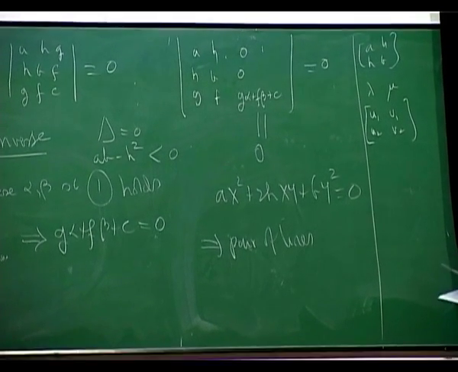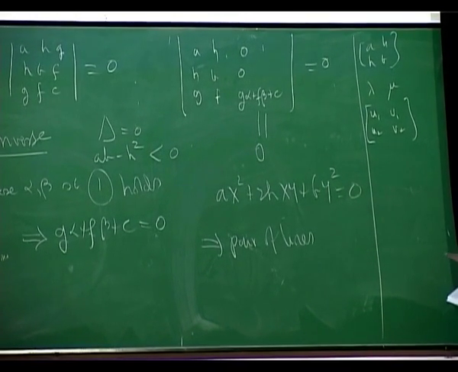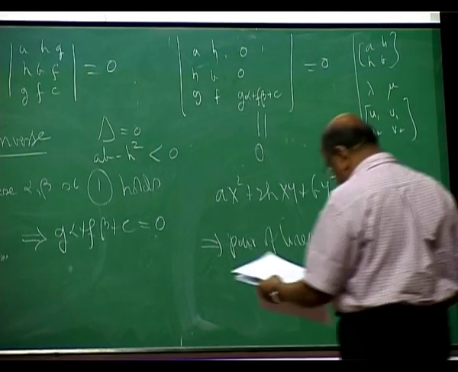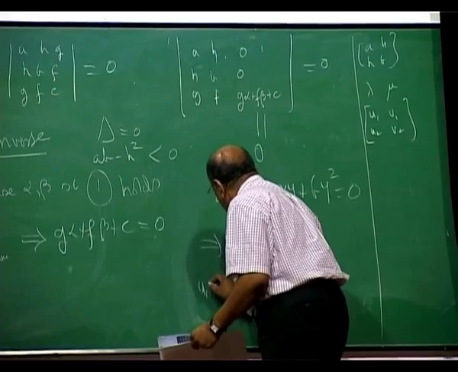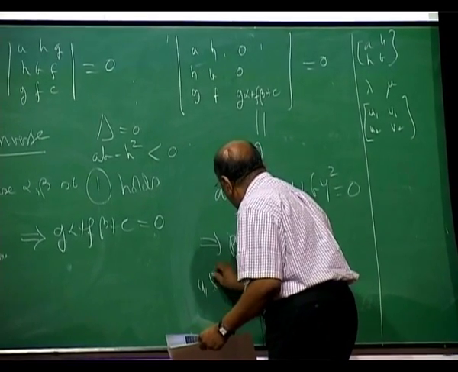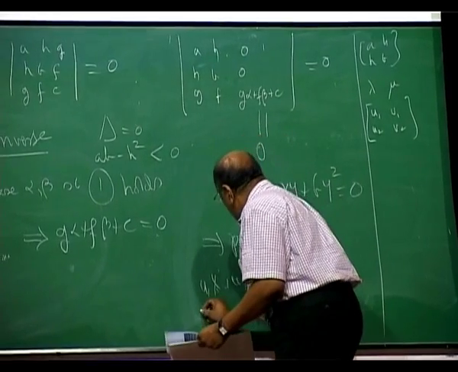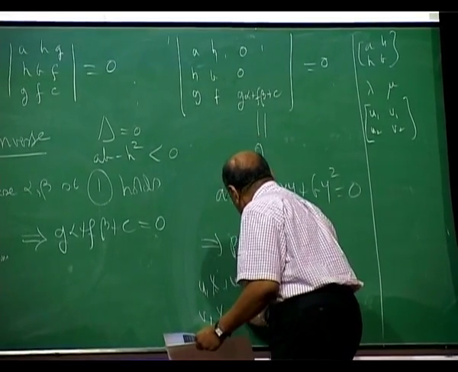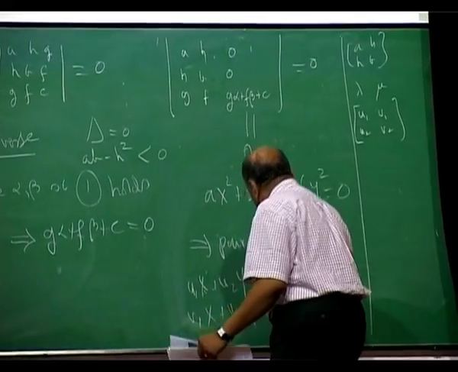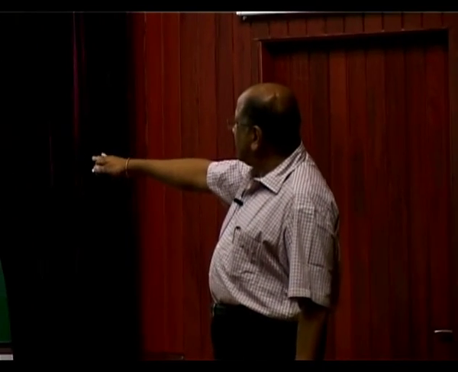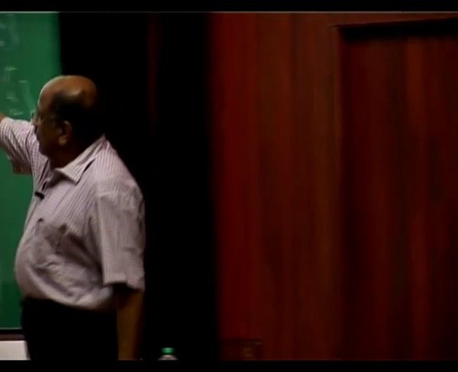And now what are the equations of those lines? It is u1 capital X plus u2 capital Y equal to 0, v1 capital X plus v2 capital Y equal to 0. This is how we did it in the first case. But now substitute for capital X and capital Y from there.